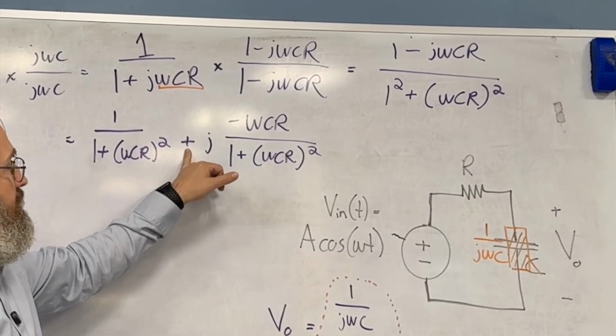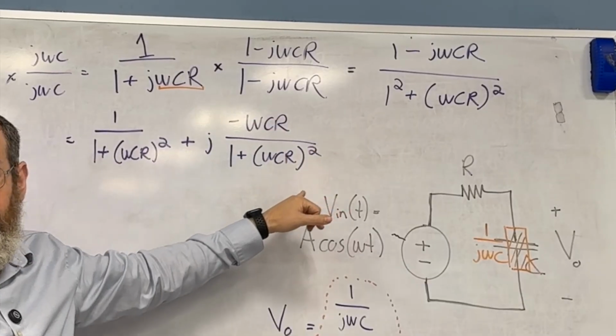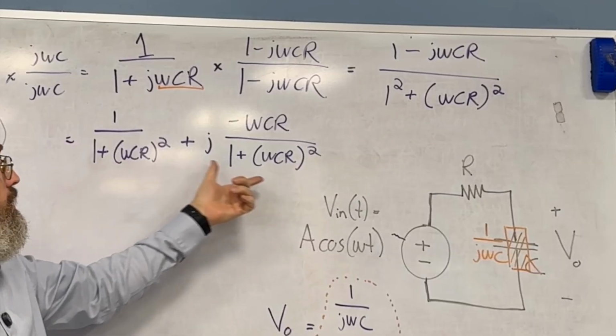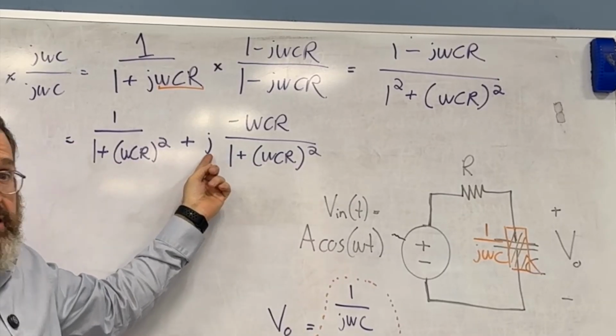I could have put the minus here, but I wanted to make it very clear that we have this is A, B, J.